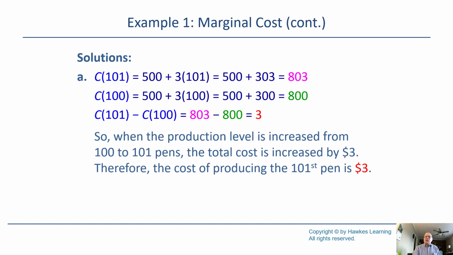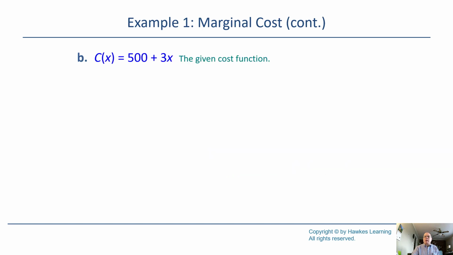In other words, that's the rate at which the total cost is changing when you start at the production level of 100 and bump it up. The other way, using marginal cost, take the derivative, get an even 3. That means when you increase the production by 1, your total cost goes up by $3.